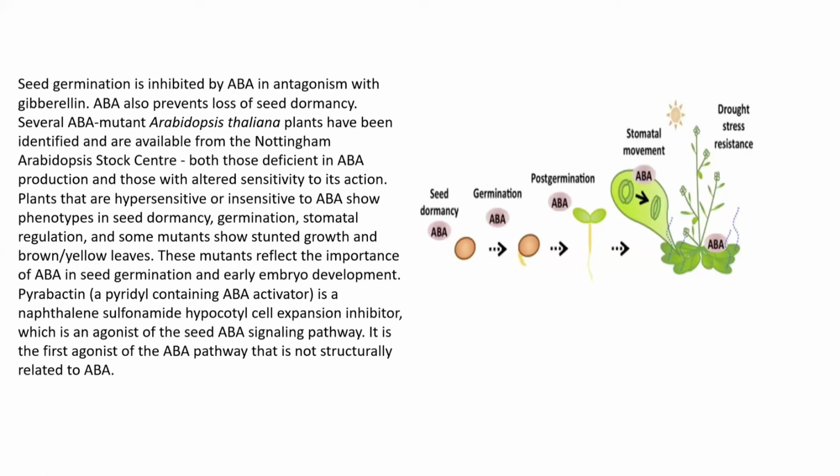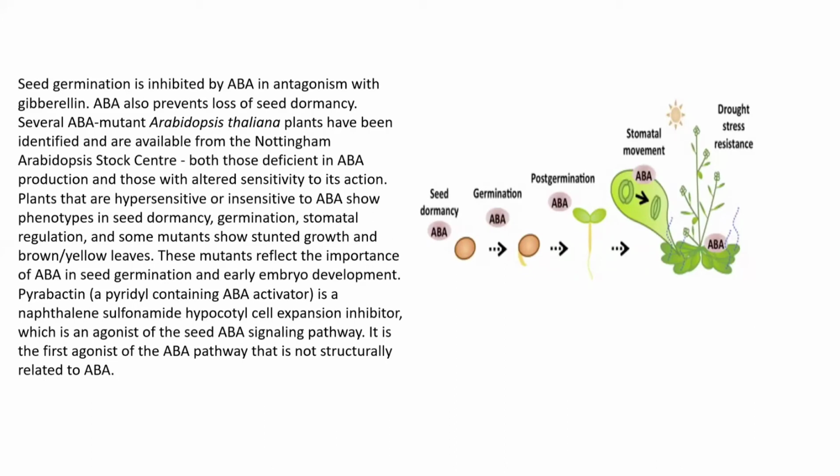Seed germination is induced by ABA in antagonism with gibberellin. ABA also prevents loss of seed dormancy. Several ABA mutant Arabidopsis thaliana plants have been identified and are available from the Nottingham Arabidopsis Stock Center, both those deficient in ABA production and those with altered sensitivity to its action.